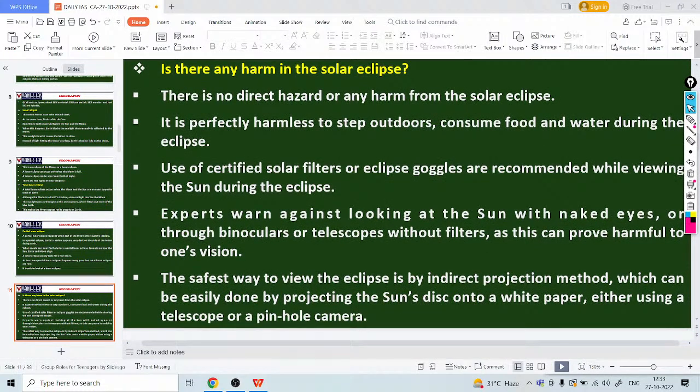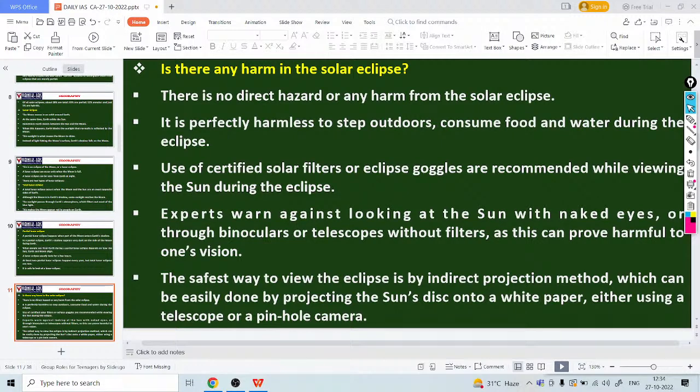It is perfectly harmless to step outdoors, consume food and water during the eclipse. But in our mythology, or normally, we avoid being exposed to the sun and the moon during the eclipses. But it has not been scientifically established. Science says there is no harm in this.